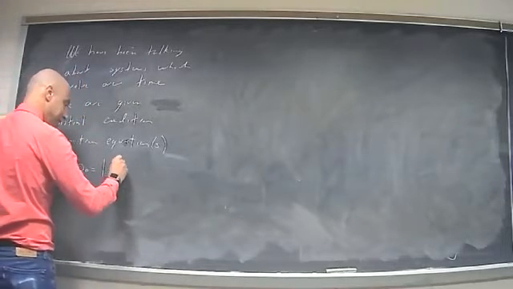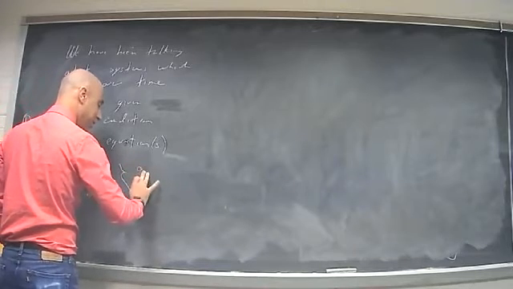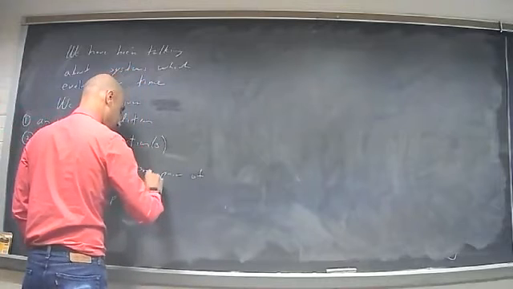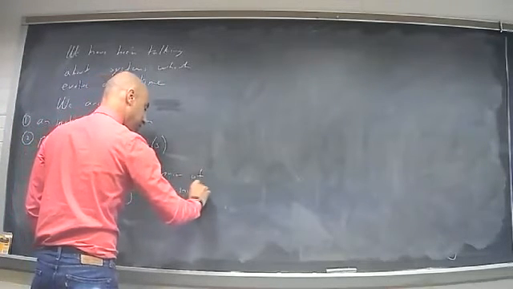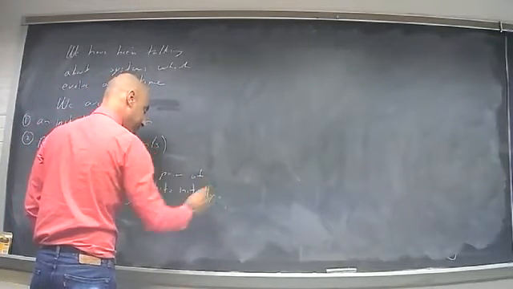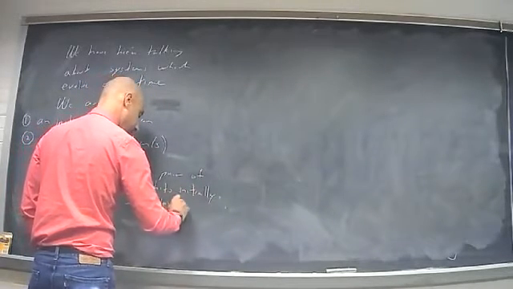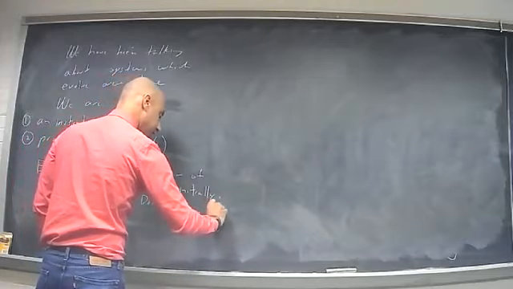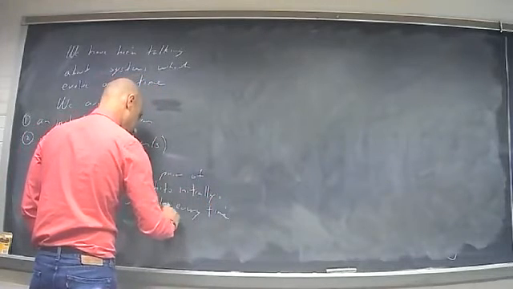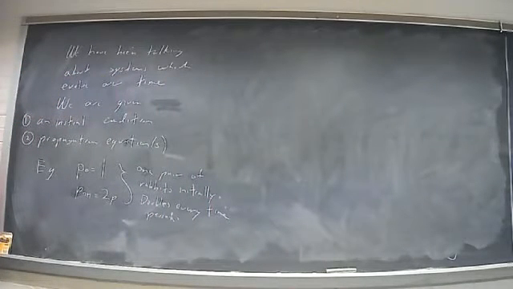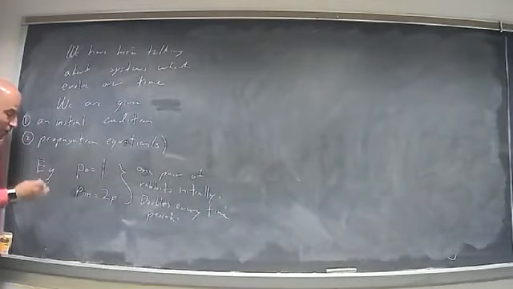So this says like 1 pair of rabbits initially, and every time period it doubles. And as I said before, we've been treating time as if it were discrete.